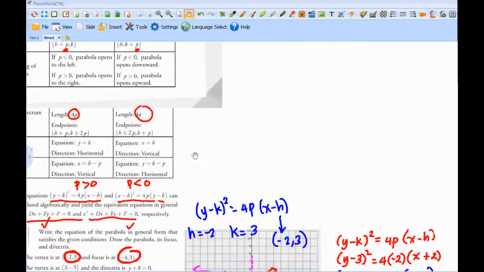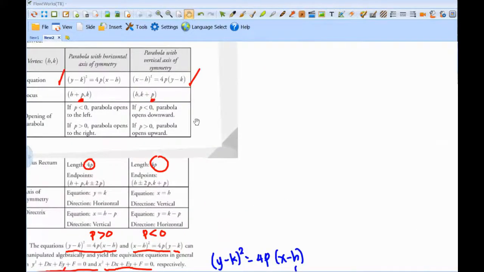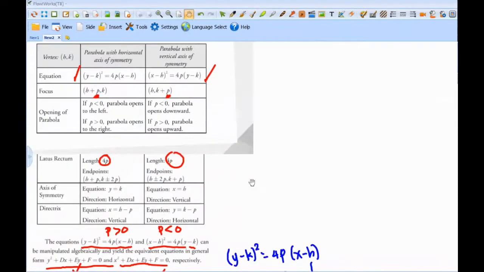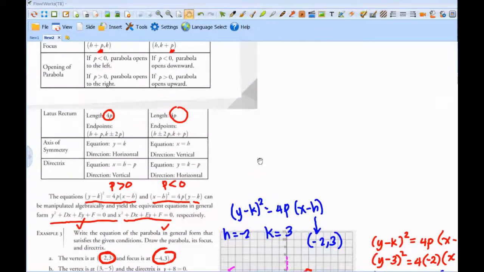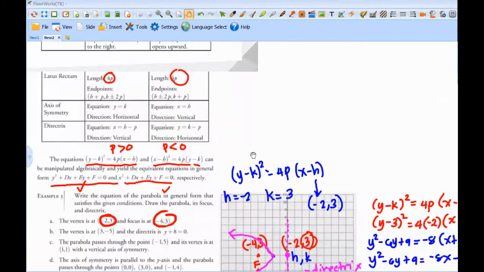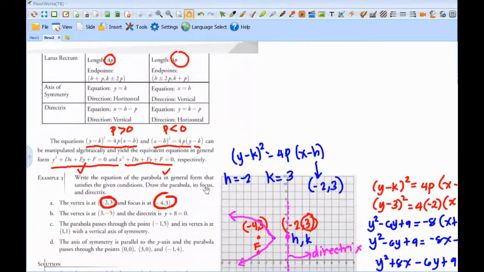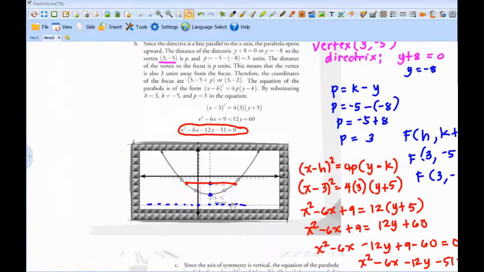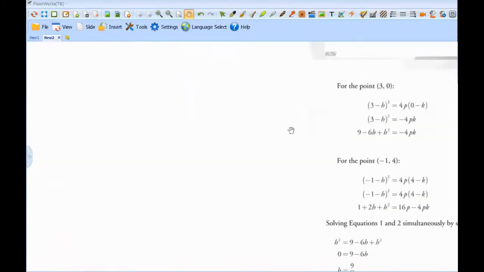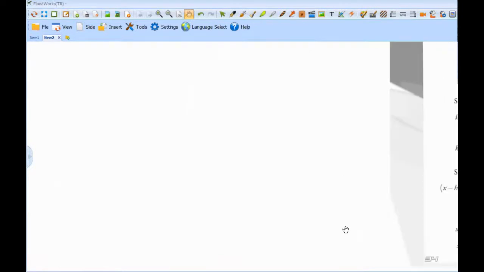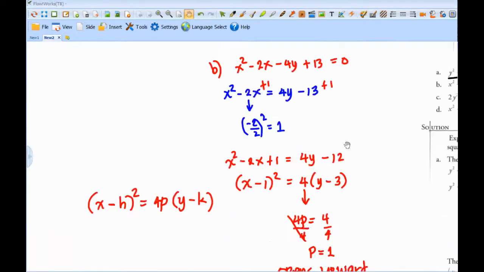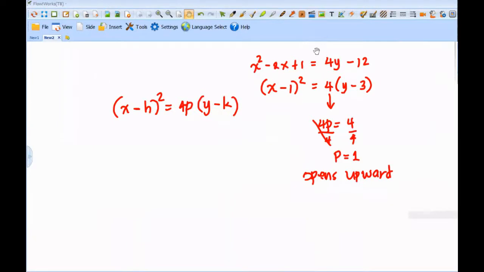So x minus h squared equals 4p y minus k. So our focus is h, k plus p. And the latus rectum is what? h plus 2p, k plus p. All right, so h plus 2p and k plus p.